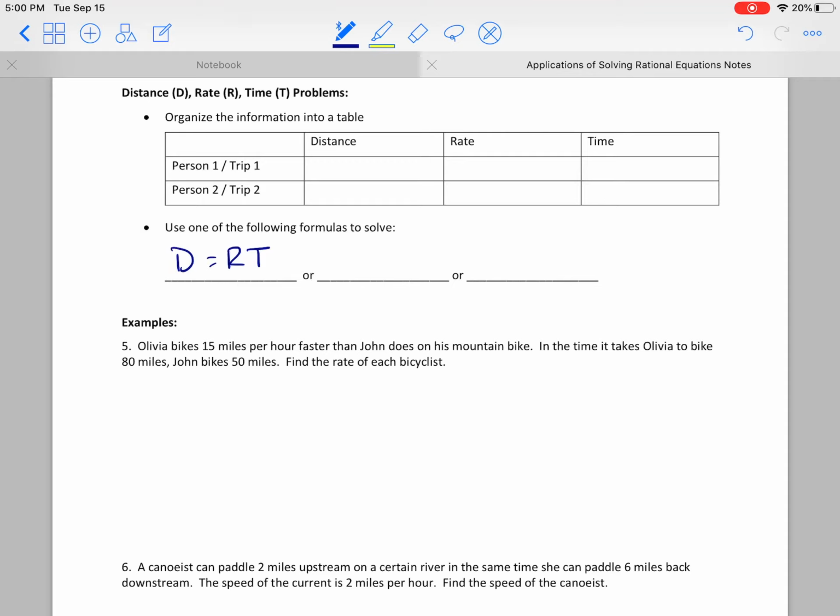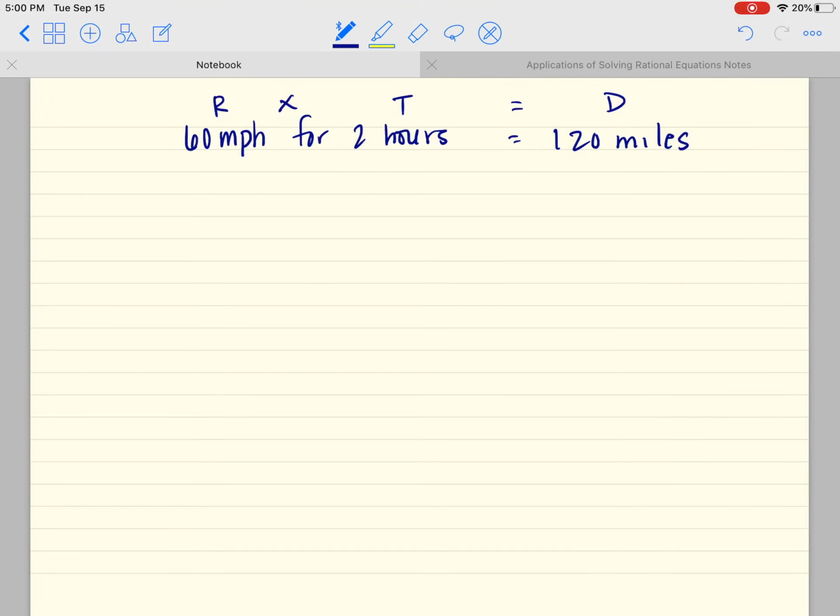Now, depending on the information we're given, we might want this formula to be solved for r instead of solved for d. If this formula was d equals r t, and I wanted t alone, then I would have to divide both sides by r. So t would be equal to distance divided by rate.